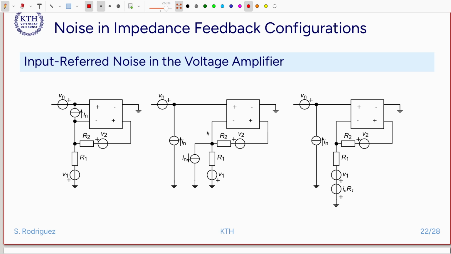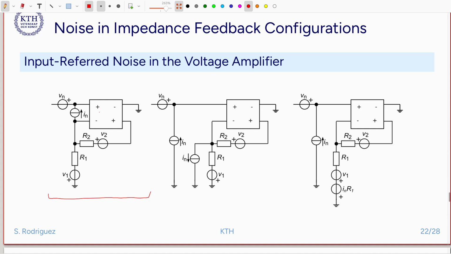Now what we are going to do is find suitable models for these blocks, and we start with the voltage amplifier. If we put in all the noise sources, and assume that we are using resistors as feedback components, then each resistor will have thermal noise.